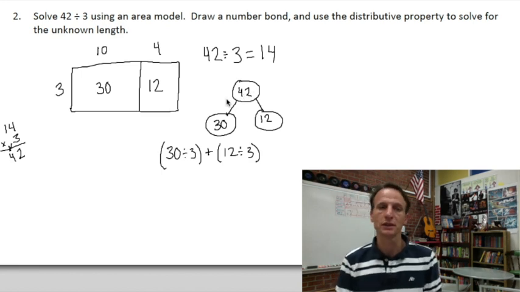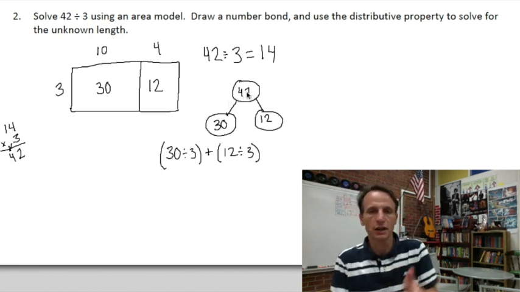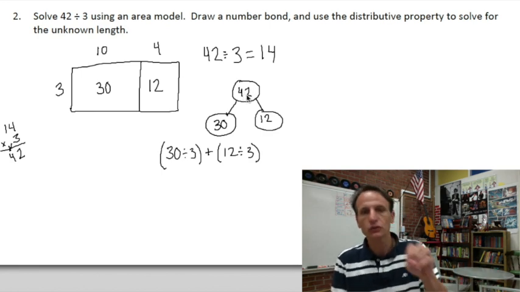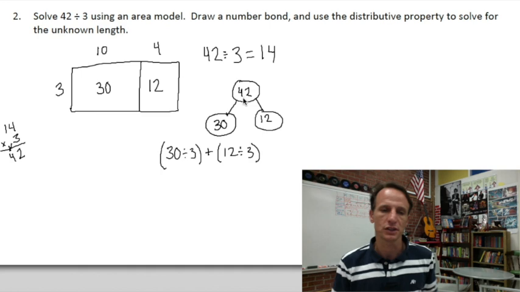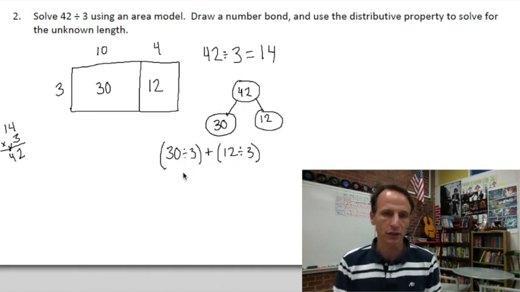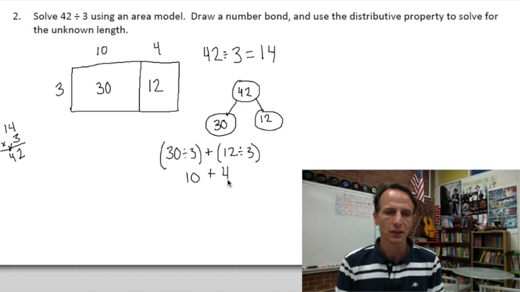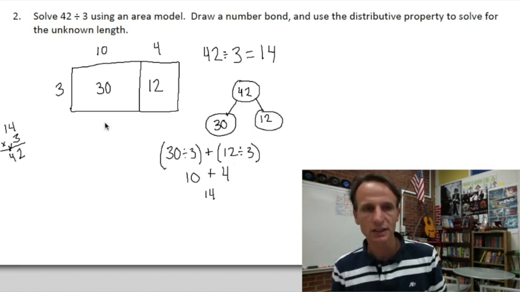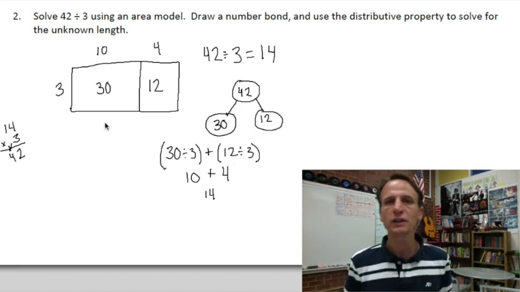I cut up the 42 as 30 and 12 to make the division doable and easier. So 30 divided by 3 is 10, and 12 divided by 3 is 4. That's where we got the quotient of 14. Beautiful, and we already did a check. We are golden.